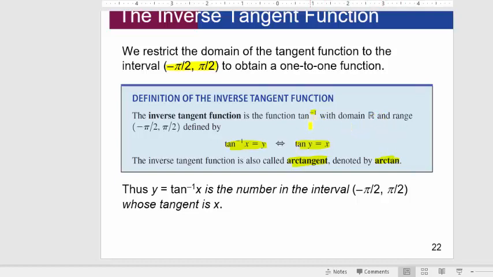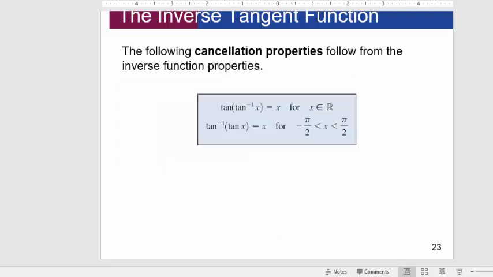So you've got to be careful and realize that that's the notation for the inverse. So again, those two notations are interchangeable. So when you're asked to find the inverse tangent of x, you're asked to find the angle between negative pi over 2 and positive pi over 2, whose tangent is x.